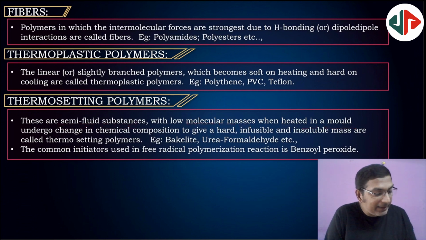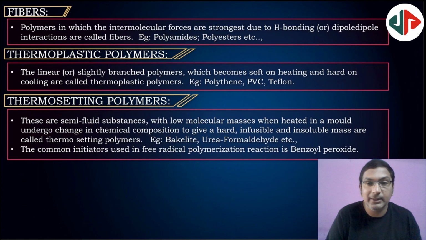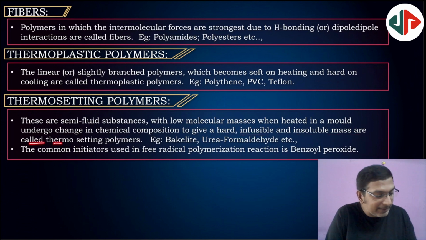When heated, they undergo change in chemical composition to give a hard substance. That means it becomes hard on heating. Infusible and insoluble masses are called thermosetting polymers: Bakelite, urea formaldehyde, melamine.